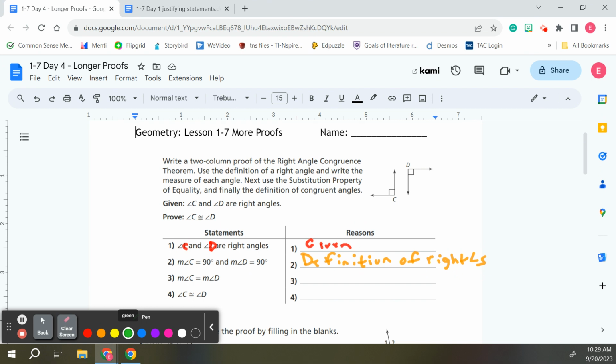Measure of angle C is equal to 90, measure of angle D is equal to 90, therefore the two measures are equal to each other. Why? Because they're congruent. They're both equal to 90. So in this case, this is actually an example of the transitive property. You guys see that pairing right here with the 90? So this is the transitive property. And then because these measures are equal, therefore they are congruent by the definition of congruent angles.